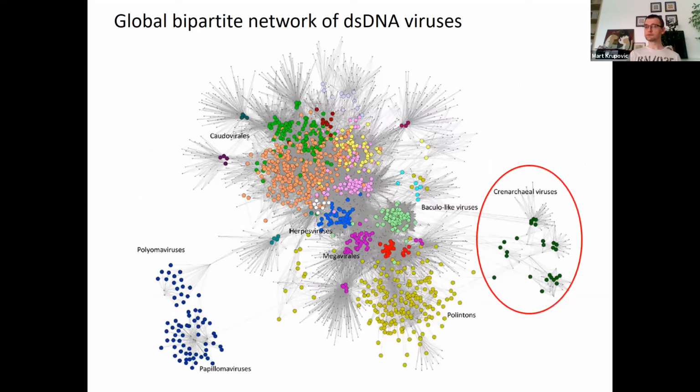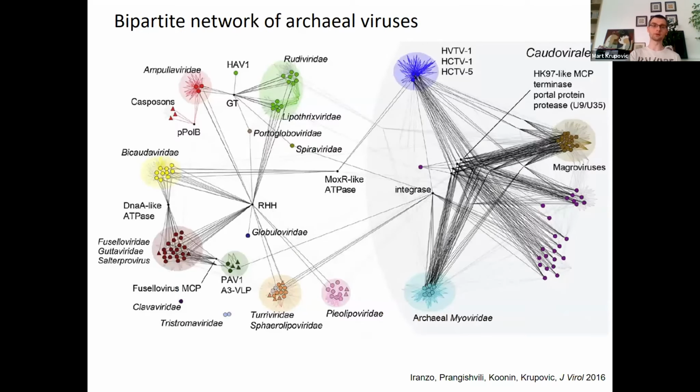Okay, now the fourth supermodule, and this supermodule is very poorly connected to the rest of the double-stranded DNA virosphere, and it mainly consists of hyperthermophilic archaeal viruses. And this, as Eugene mentioned, is my day job, so they are particularly dear to me.